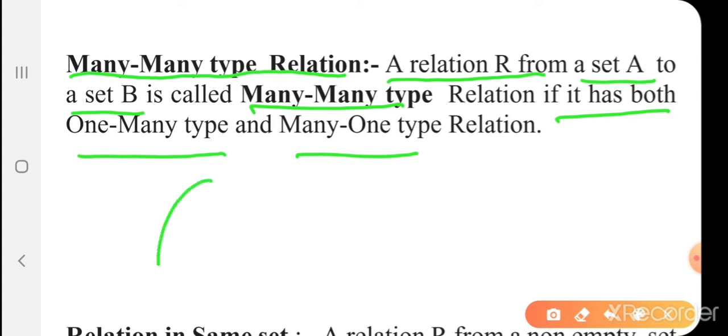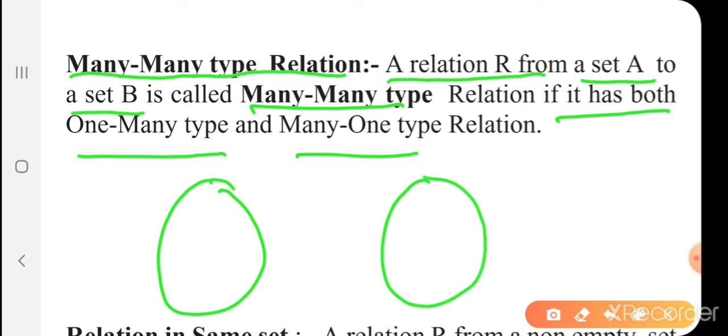You see, this is set A, this is set B. Now you see here, these two elements are related with one element. So this is many one type.